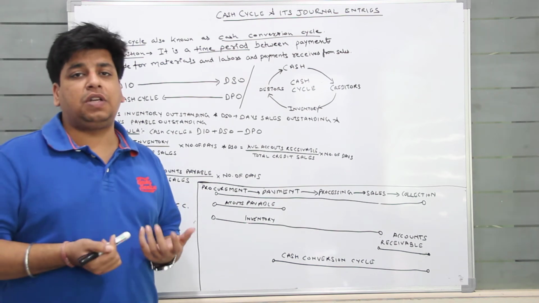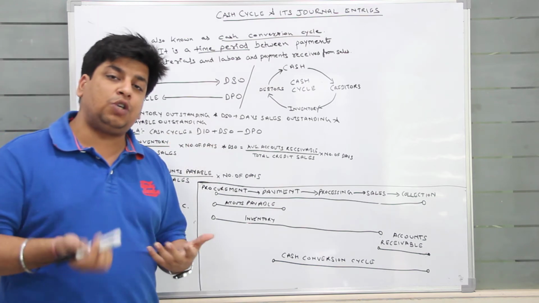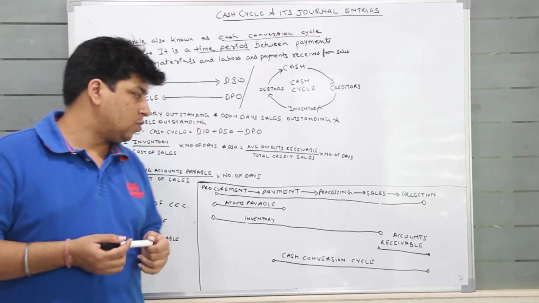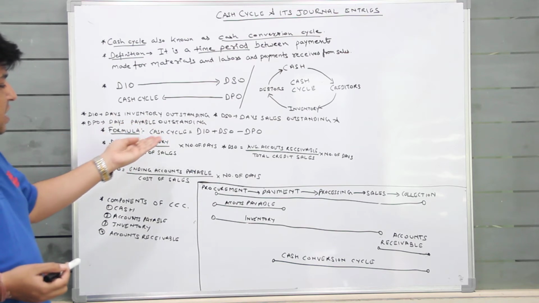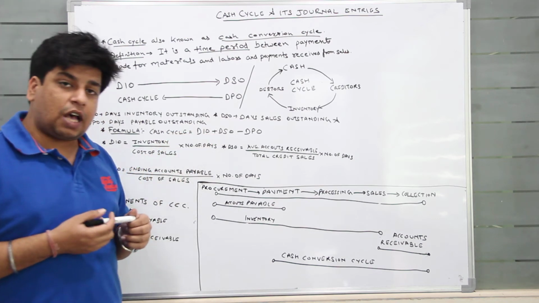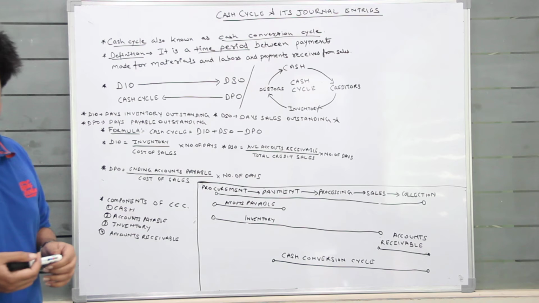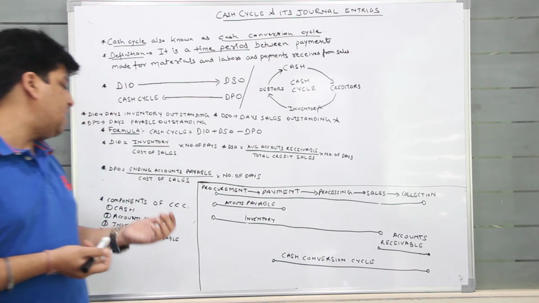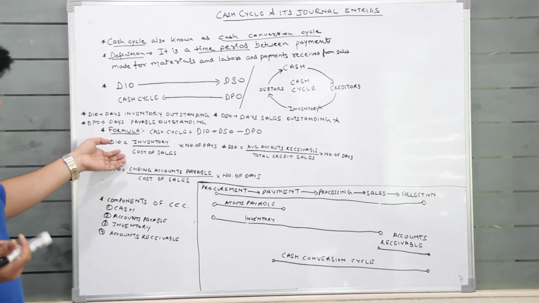We'll look into the formula of how to calculate DIO, DSO and DPO individually. So just to repeat the formula of cash cycle once again, it is days inventory outstanding plus days sales outstanding minus days payable outstanding. So now let's go ahead and see the formula to calculate DIO, that is days inventory outstanding.